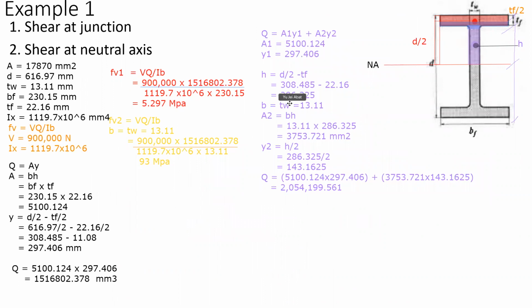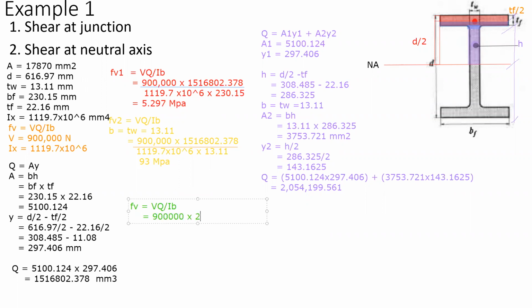Okay, so we have Q. Let's solve for FV at the neutral axis. So this would still be equal to VQ over IB. V natin is 900,000.